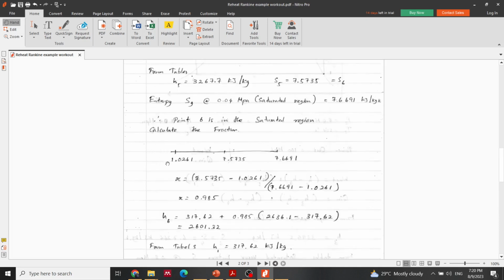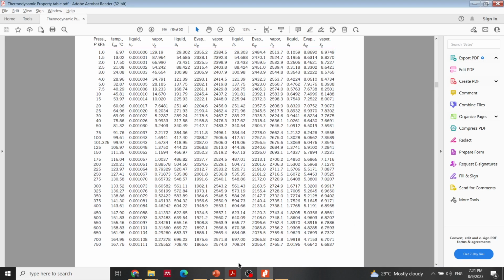This is the SL value and the SG value, and this is the value that we have obtained for S6, point number 6. These two came from the saturated table at 40.